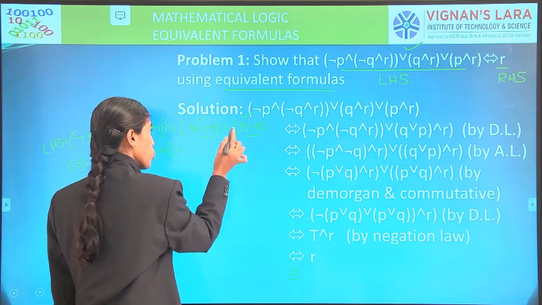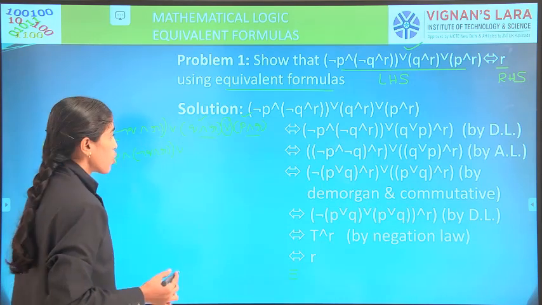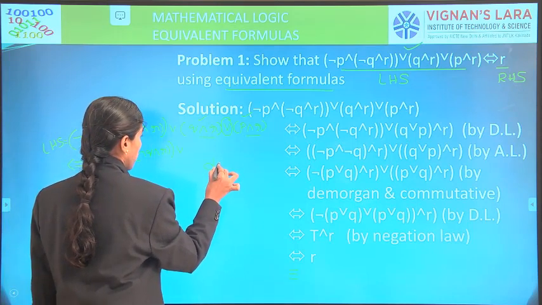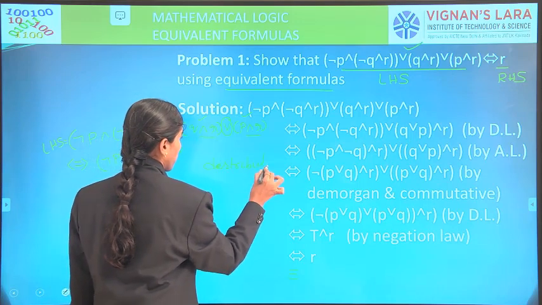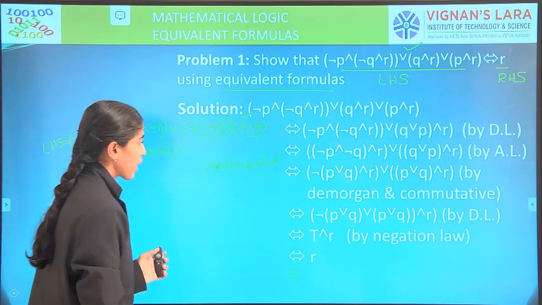In between the two parentheses, the OR symbol is there, right? So we are applying here the distributive law, from RHS to LHS.